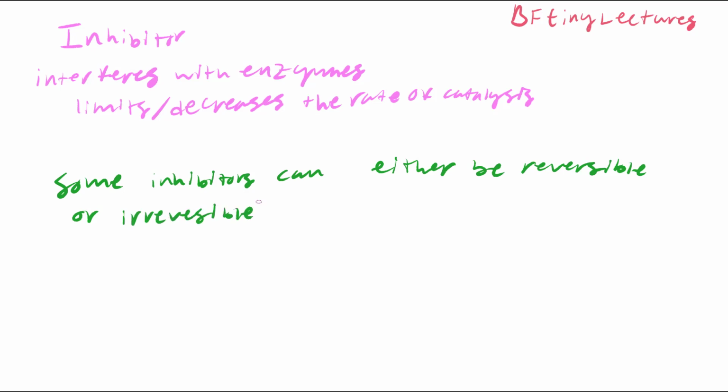Okay, so now we're dropping down into the two sections of inhibitors, right? Some inhibitors can be reversible, meaning you can take it back, undo it, and some of them are irreversible. Okay, and we'll talk about the irreversible in a moment.